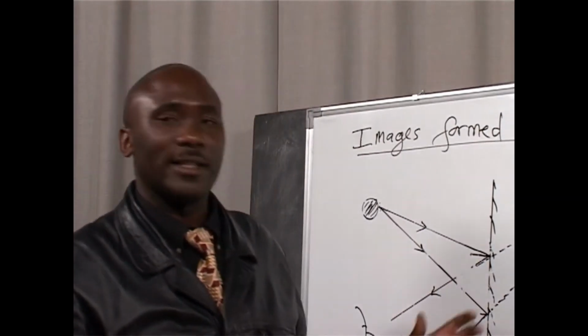The fourth characteristic of the image formed in a plane mirror is that the image is as far behind the mirror as the object is in front of the mirror. So if the object is, for example, 2 meters in front of the mirror, the image of that object will be seen to be 2 meters behind the mirror. Let's look at our diagram again here.